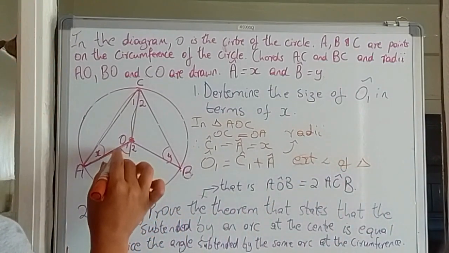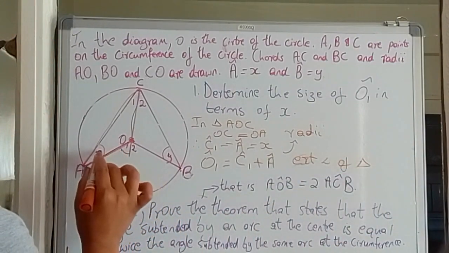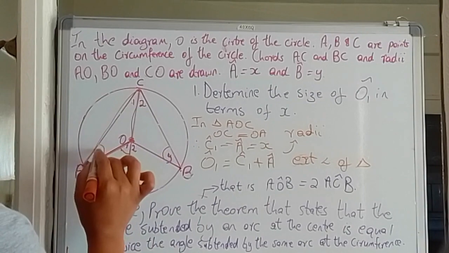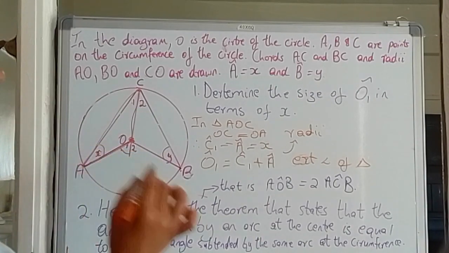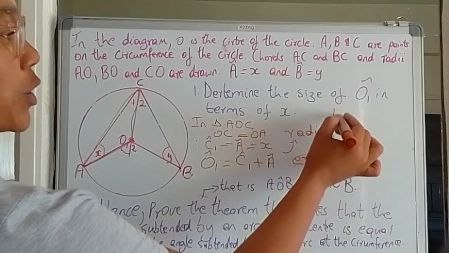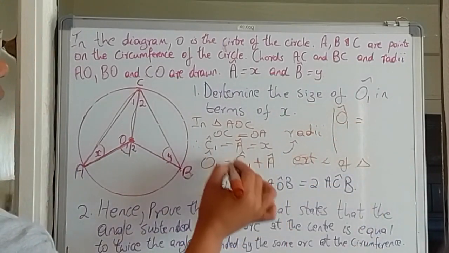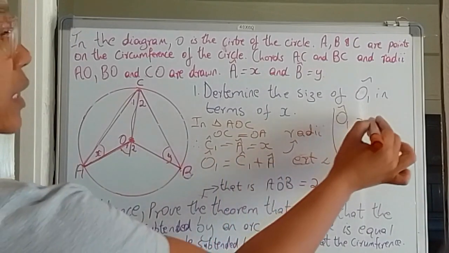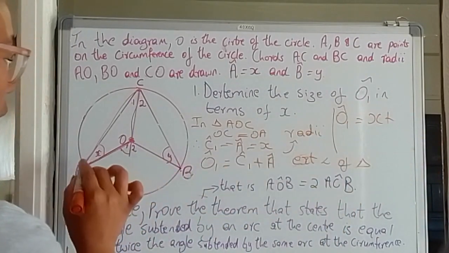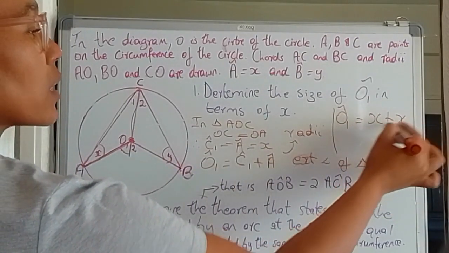We know the exterior angle of a triangle is equal to the sum of the opposite interior angles. Okay, if we continue with this, O1 will then be equal to C1, we just determined that it's X, plus A1, which is given as X.